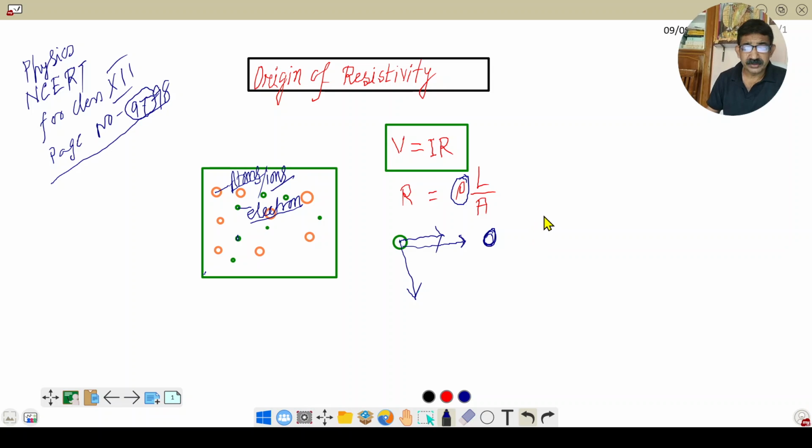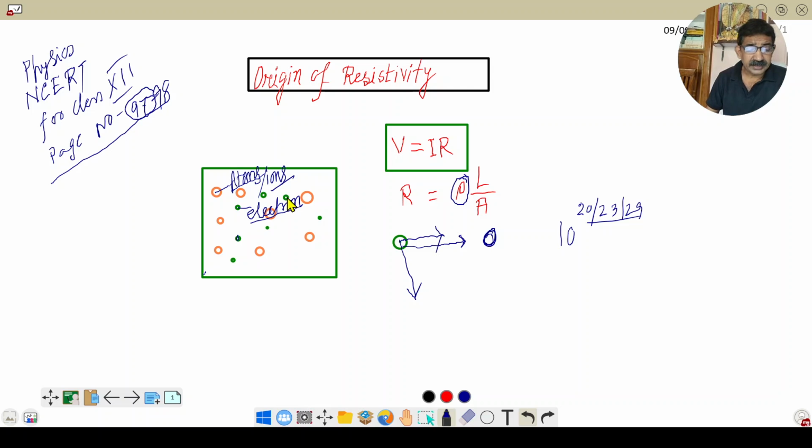Actually, the number of electrons per unit volume is of the order of 10 to the power 28 or 29, per unit cubic meter. So this high number is not possible to represent here, and for simplicity, we have taken only 7 electrons.